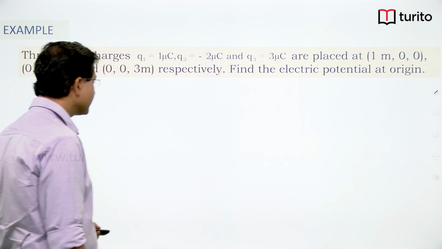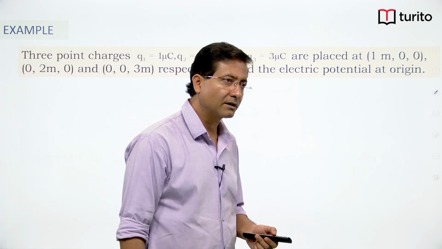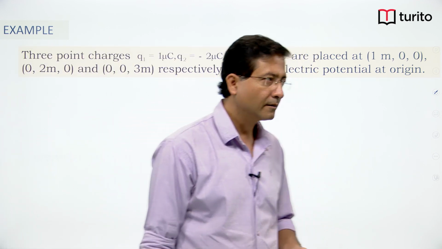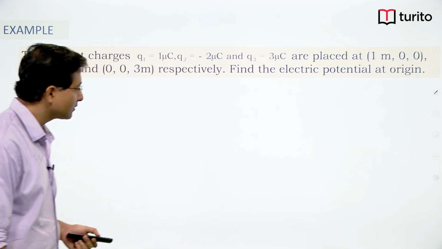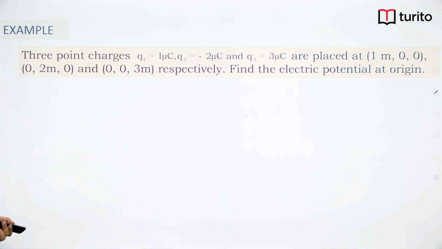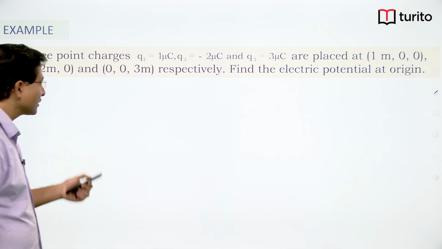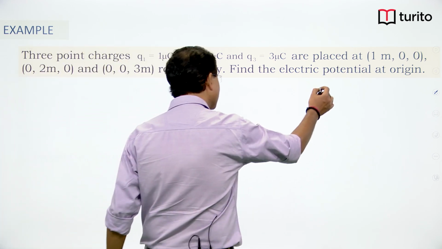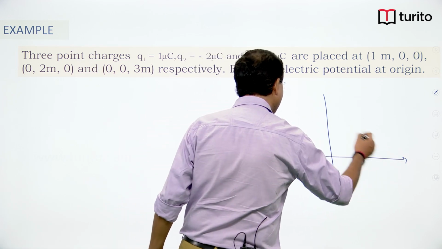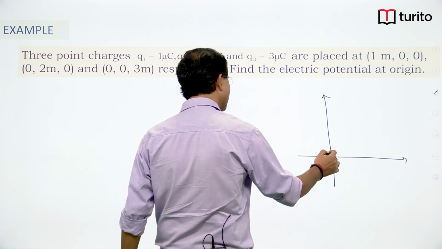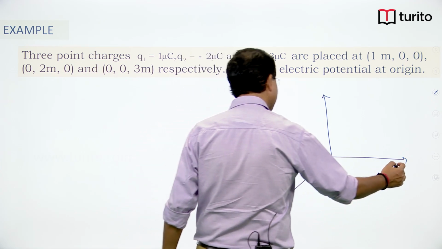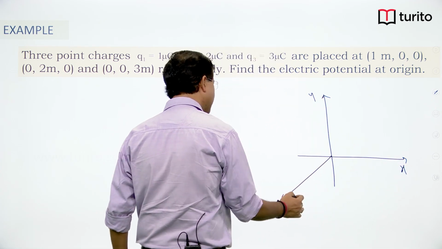Okay. Before getting into the next distribution, let us see a simple example for discrete charge distribution. So we have got 3 charges in space, and the question is what is the potential at the origin. So first locate all 3 charges, very simple question. Locate the x axis, y axis, z axis.